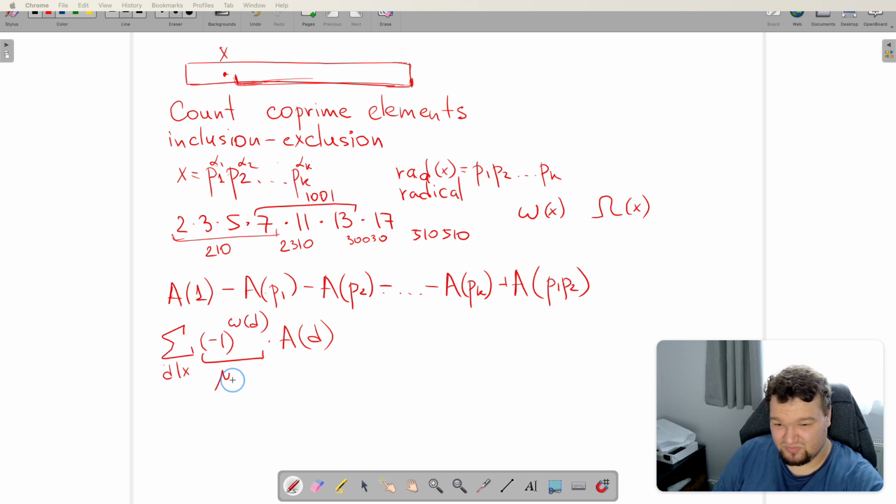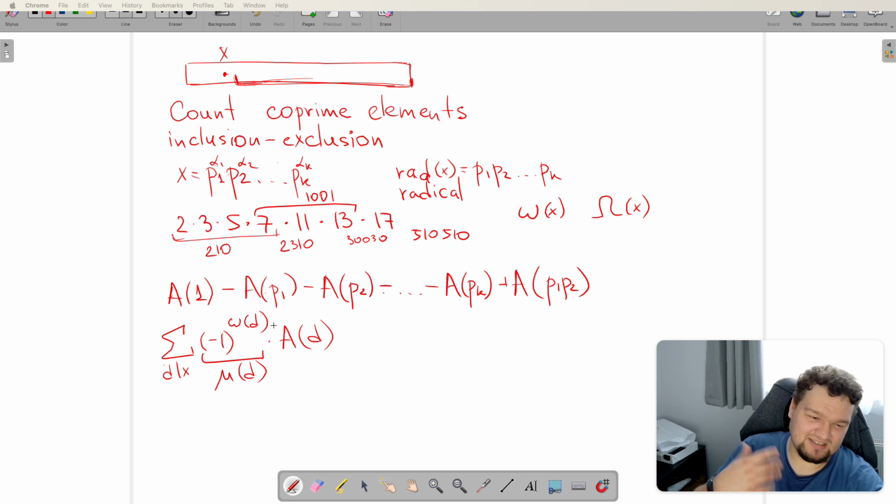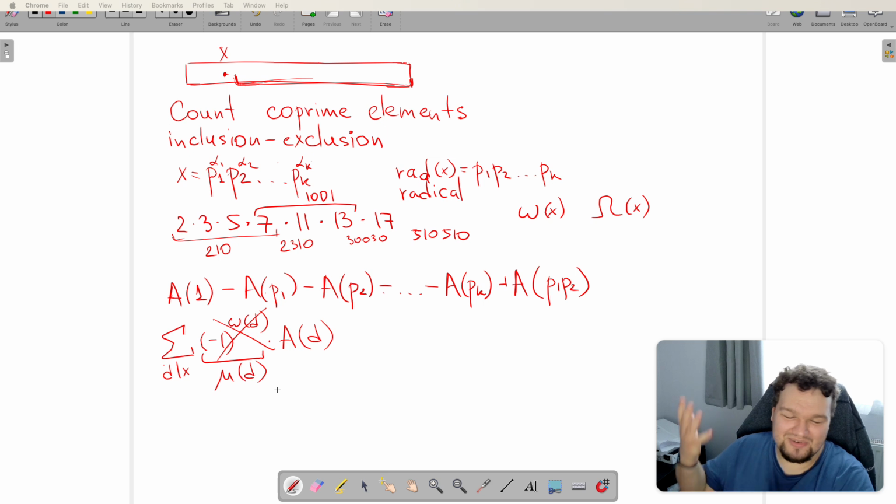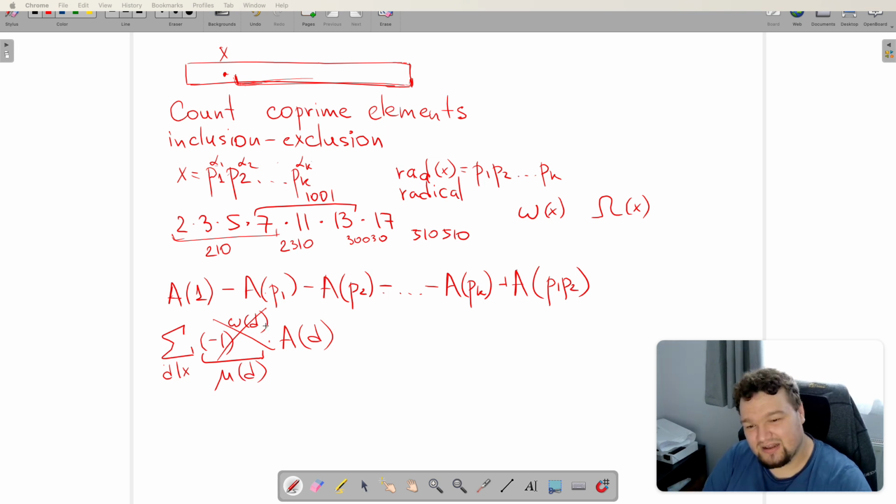This thing is called the mu function of d, if d does not have a square, like it's not divisible by any square of a prime, and that is the case if x is not like that. But actually, even if x is not like that, this definition with mu would still be correct, and basically this mu function was created because it's so useful for inclusion-exclusion in number theory problems.